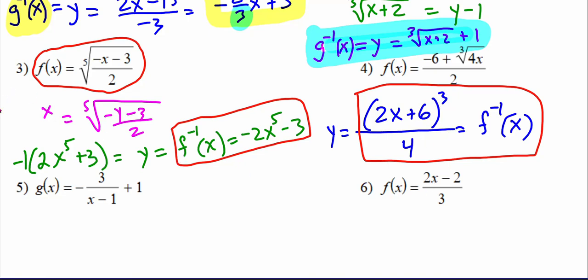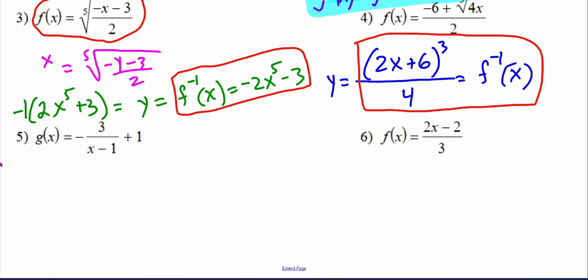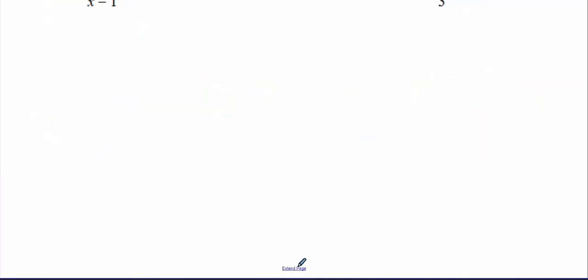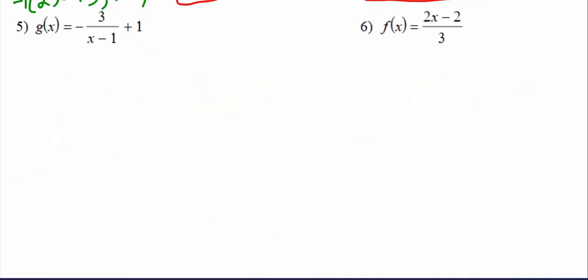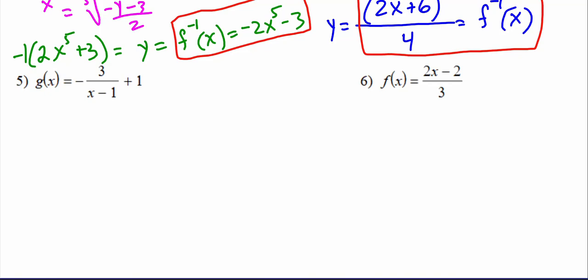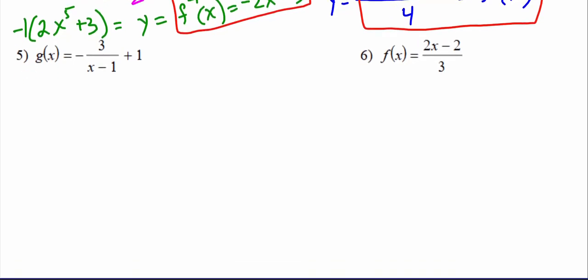All right, the last two problems are probably a little more challenging for most students. Anytime you have a rational function, it may get a little bit more confusing. This one's not; it's too simple.